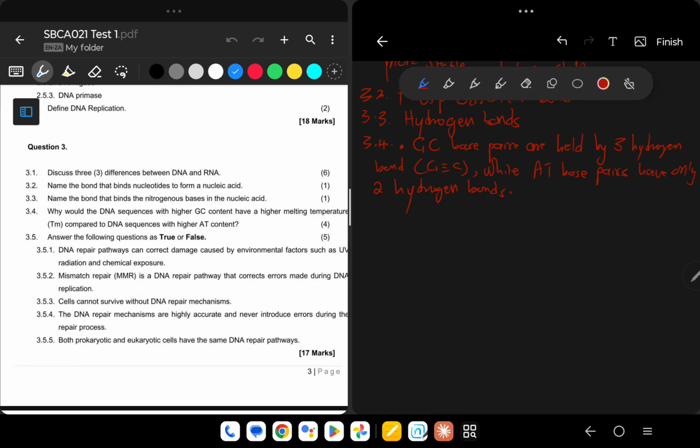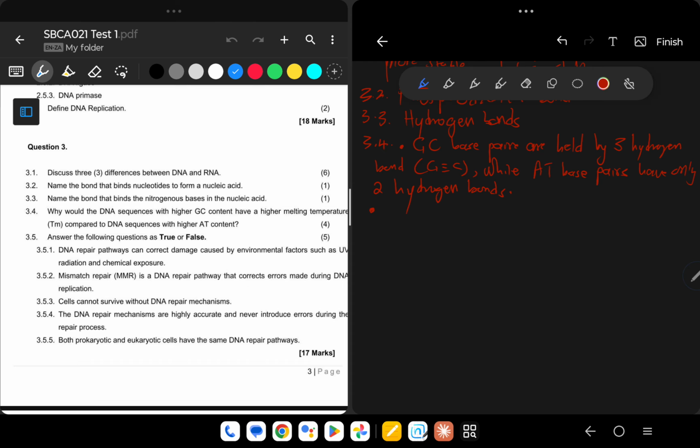This tells you about the amount of energy in terms of heat that would be required to break the bonds between guanine and cytosine, compared to the energy required to break the bonds between adenine and thymine.